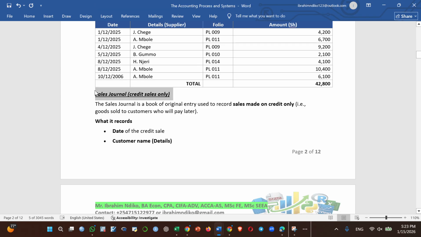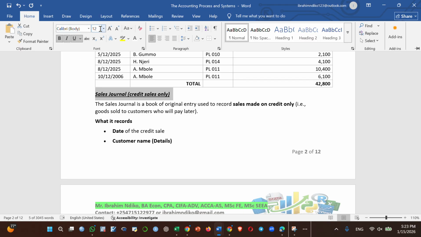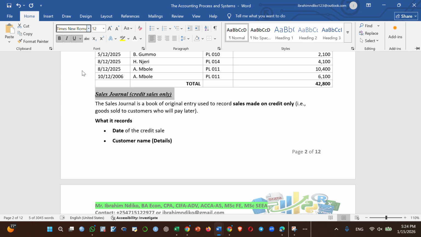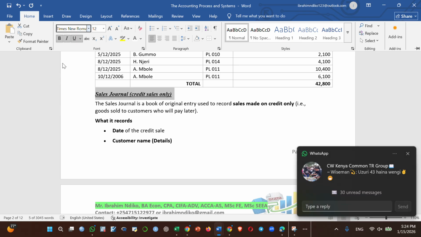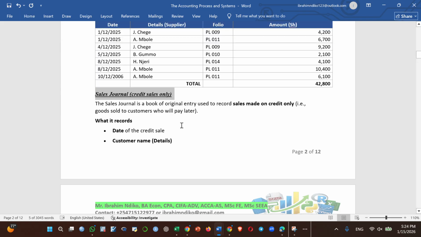Now, the sales journal is there to do what? It is there to help us record the credit sales only.